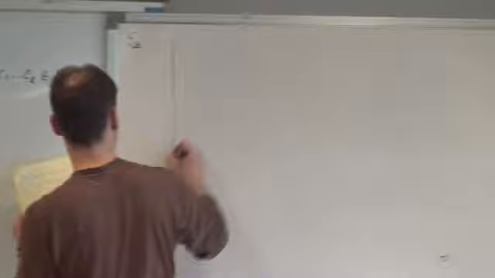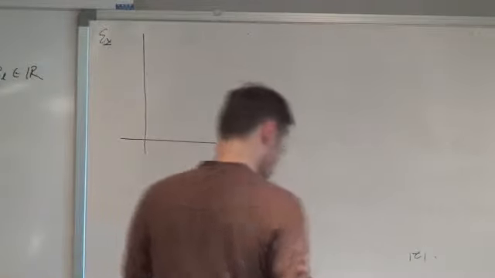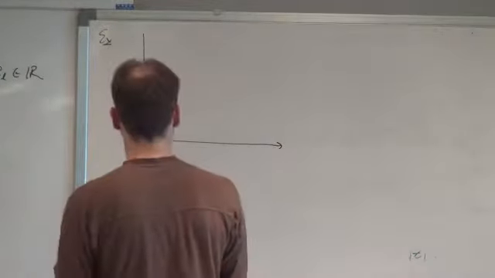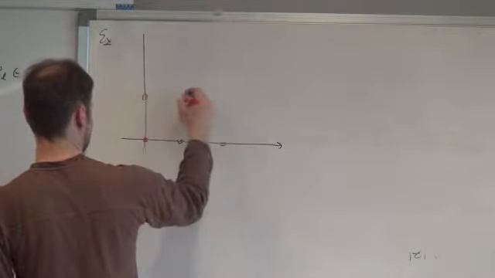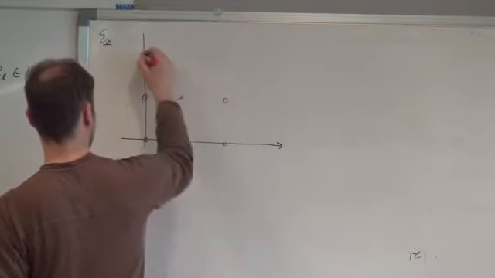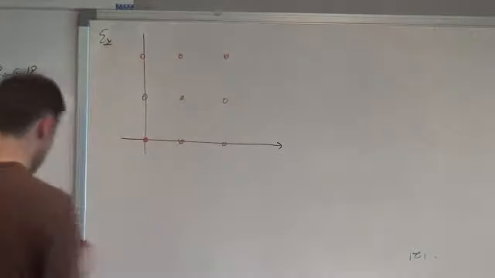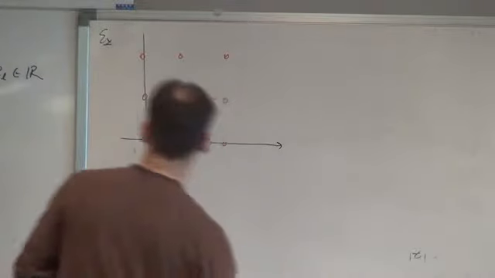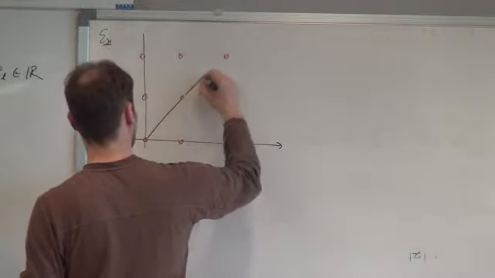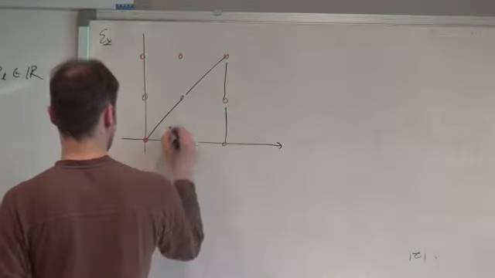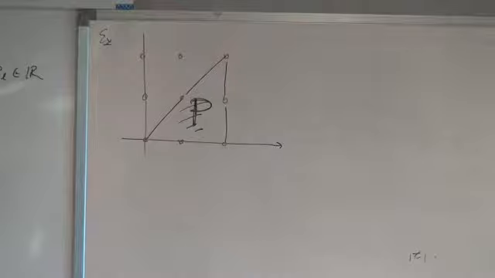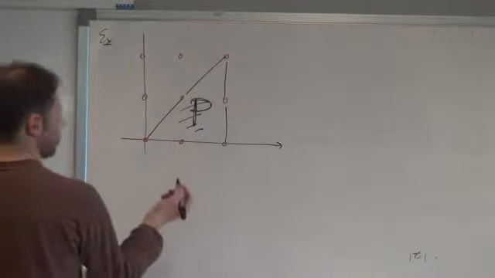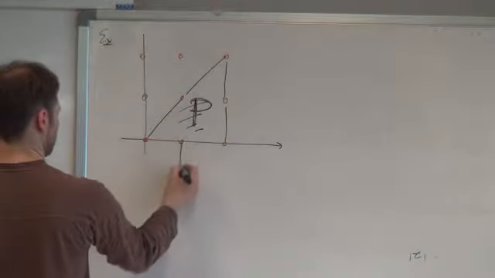So I need a polytope, and I need a lattice. So here's my lattice, and so on. And here's the polytope. Here's P. Right, and if you look at the edges, or if you look at the normals, so here are the normals.